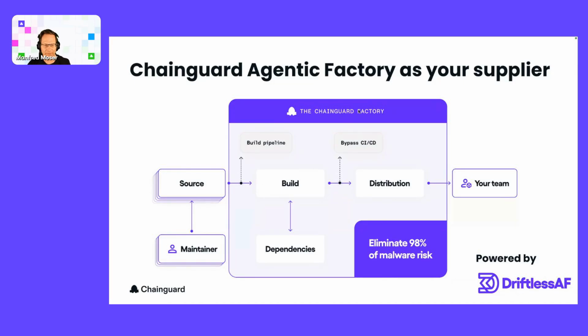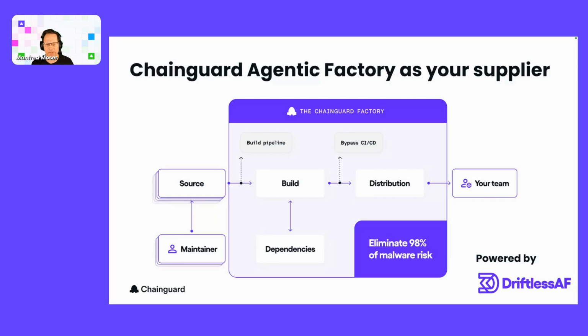So the Chainguard factory runs all within our cloud ecosystem. It's using Driftless AF, an AI framework that we open sourced, and it builds the libraries from source and then distributes them to you.